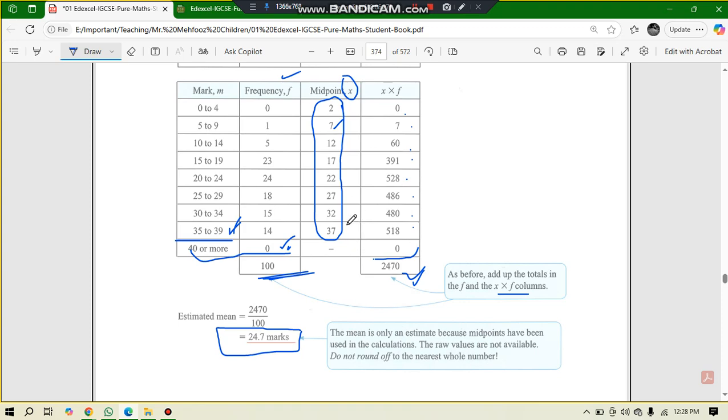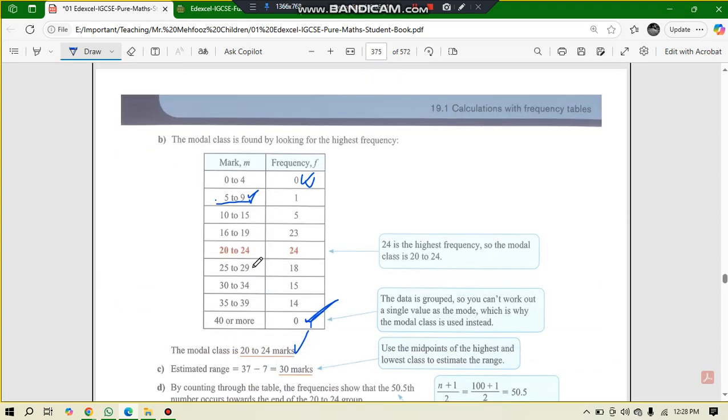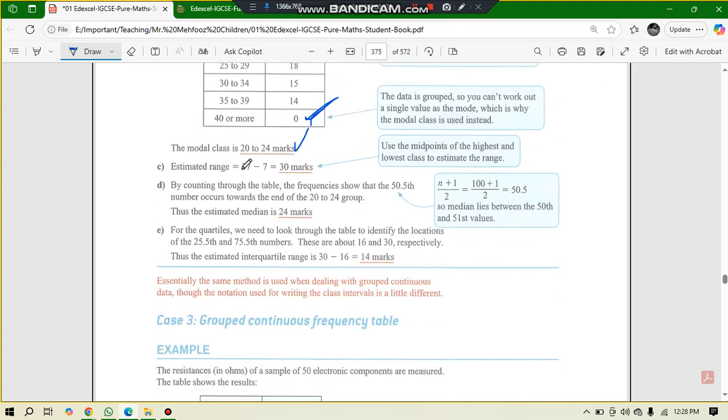When we subtract 37 minus 7, 30 is your range. Any problem? We subtract the highest class midpoint from the lowest class midpoint, but we don't subtract the classes themselves. We first find the midpoints, and secondly we subtract them.